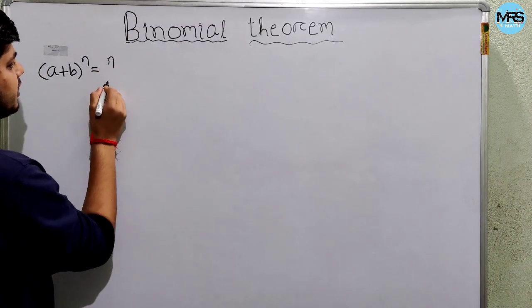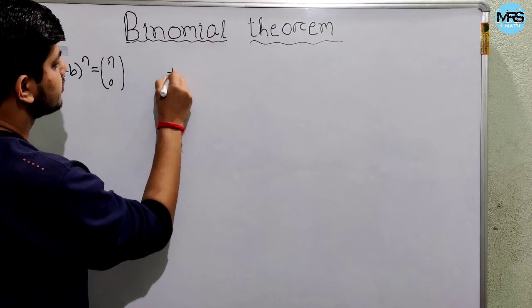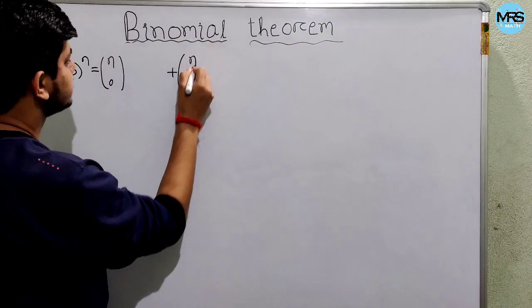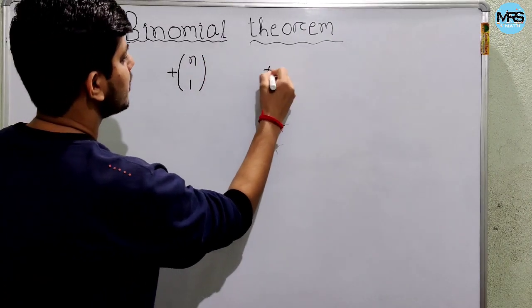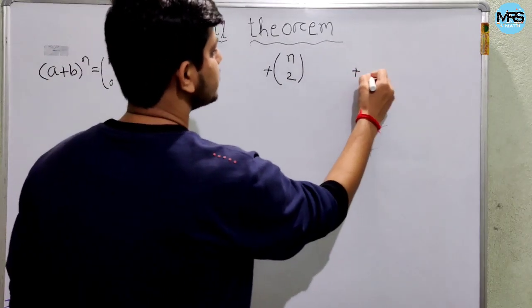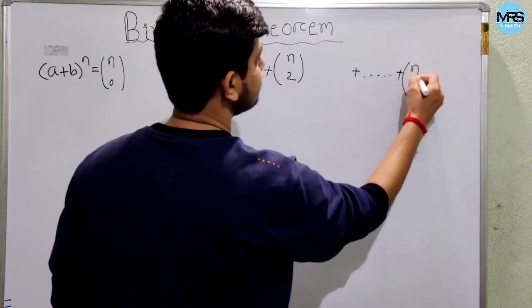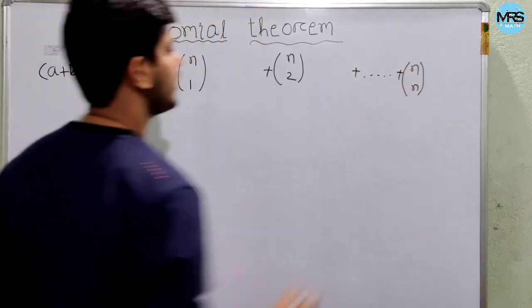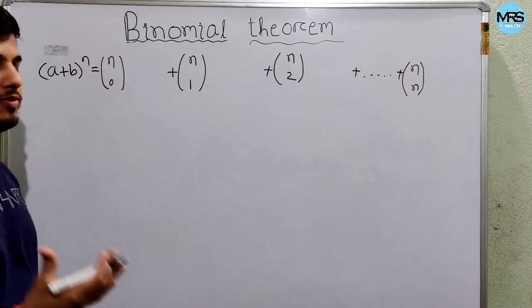That is first nC0, right, plus you can write nC1, correct, plus some term into nC2, correct, plus up to nCn, right? Correct. Now we are going to write the power of a and b.